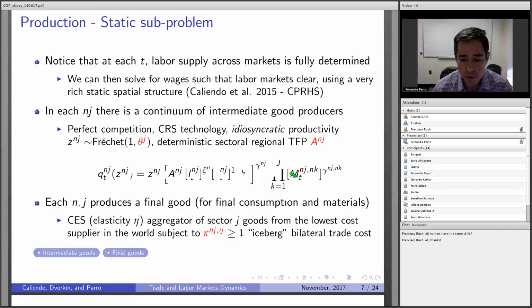And firms also demand materials, M, from all industries, according to input-output linkages. So this is a standard production function with labor, with structures, and with materials, with intermediate goods, and with input-output linkages.